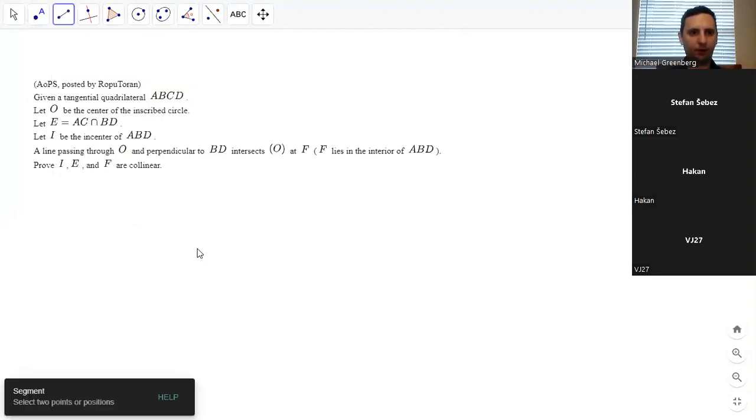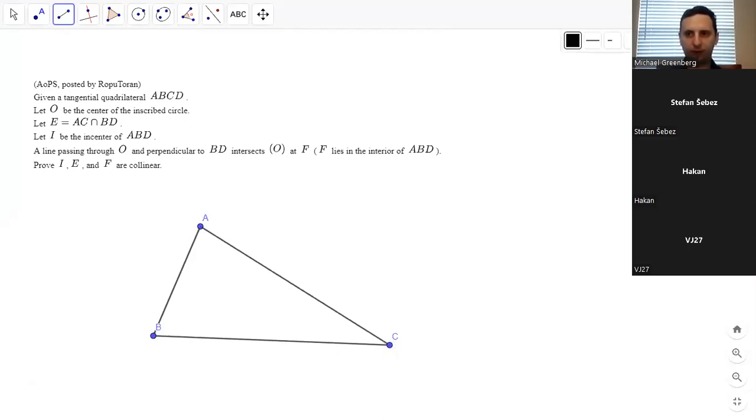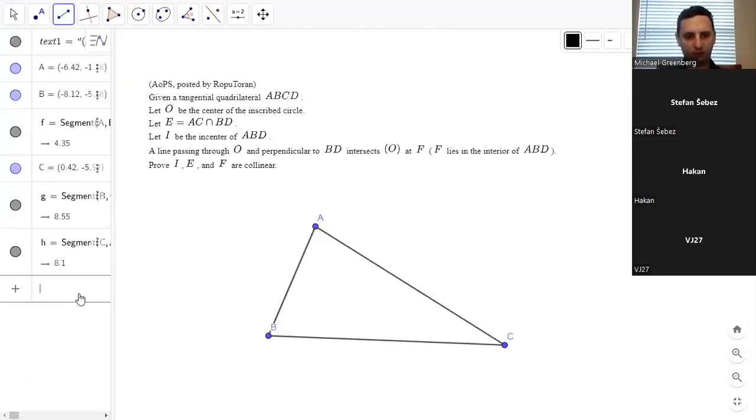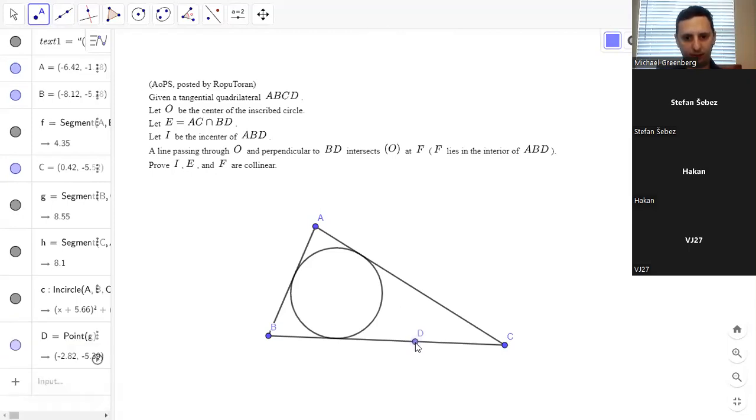So here's how I think I'm going to do it. I'm going to draw the incircle of this, and then I'm just going to kind of cheat here. There we go. And then I will just pick a random point here and draw the tangent from D to the circle.